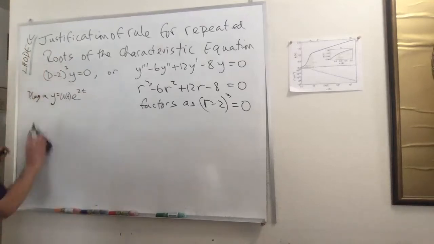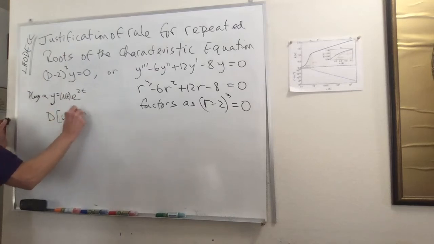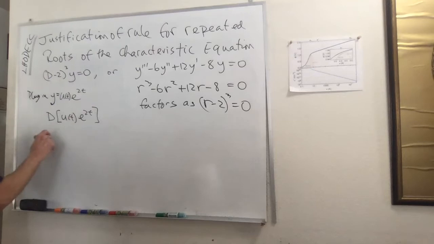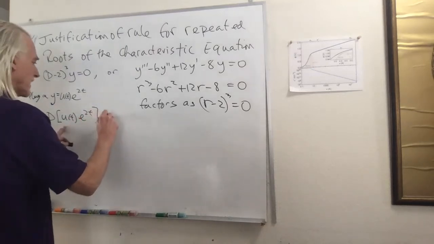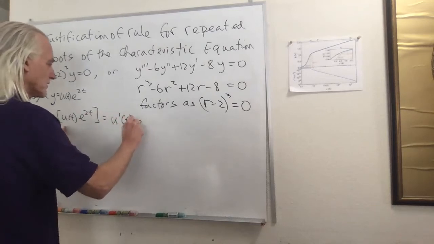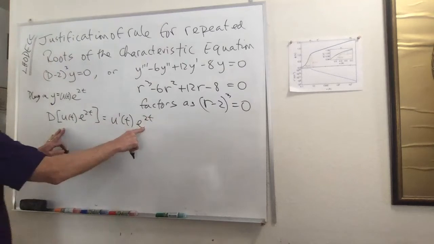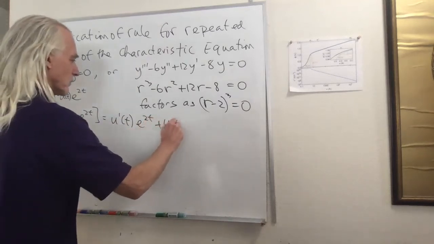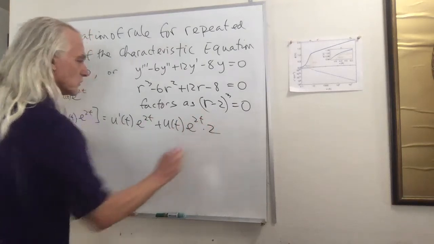All right. So let's do a little calculation. What if I take D acting on u of t, e to the 2t? The derivative of this, I got to use the product rule. I get the derivative of the first times the second plus the first times the derivative of the second, e to the 2t times 2.